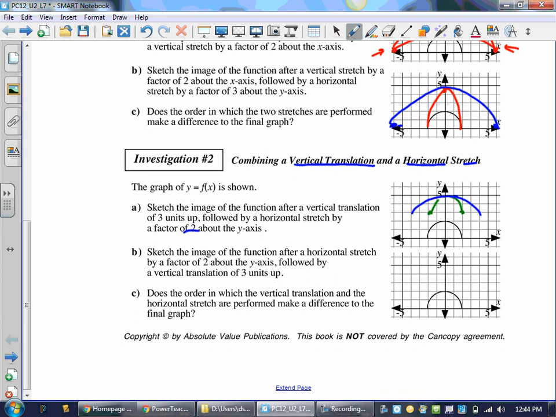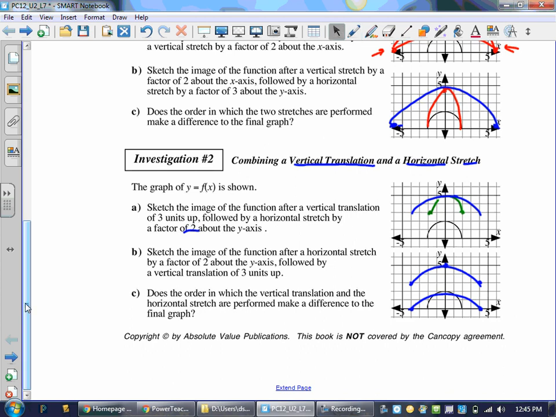Is that better? Now B says, sketch the image if you do a horizontal stretch by a factor of 2 first. So 2 becomes 4 and negative 4. And then move it up 3. Does it change? Nope. So a vertical translation and a horizontal stretch, order didn't matter.